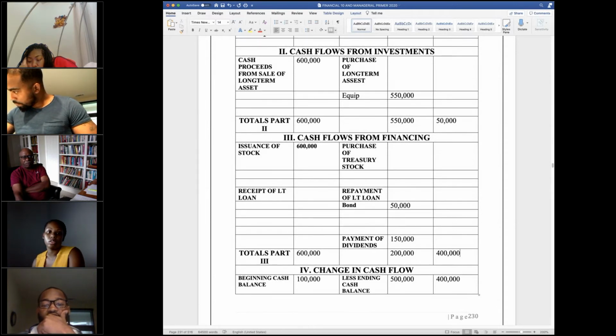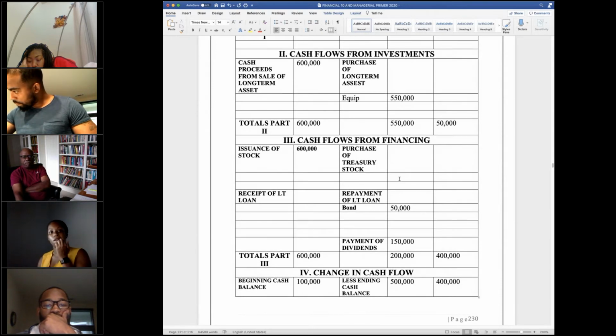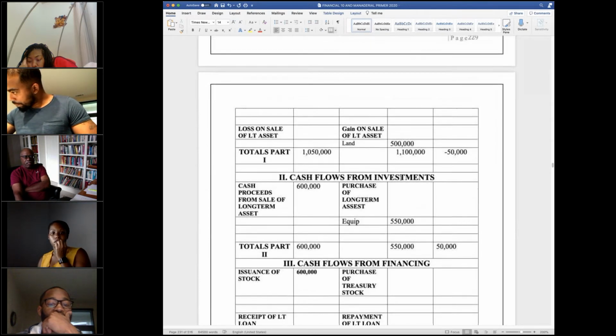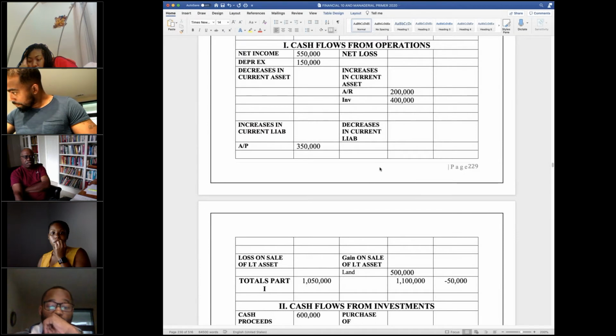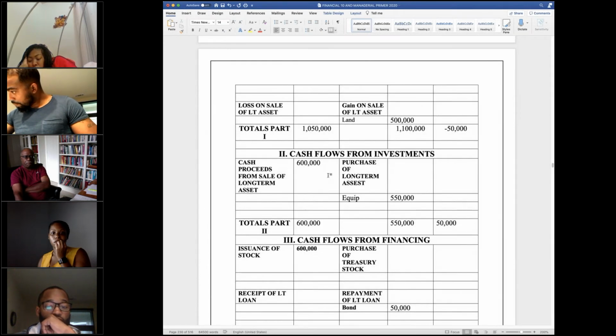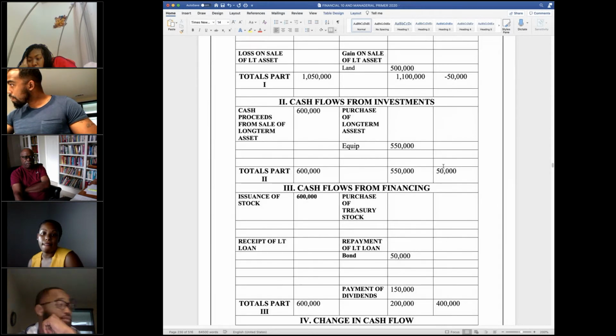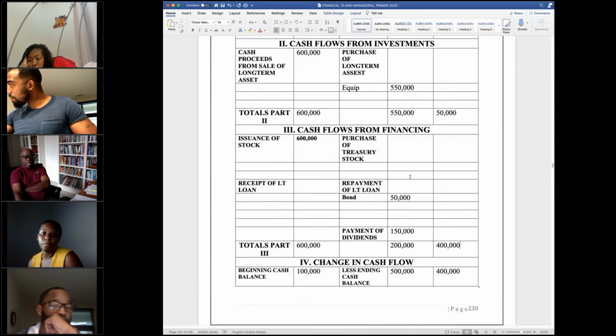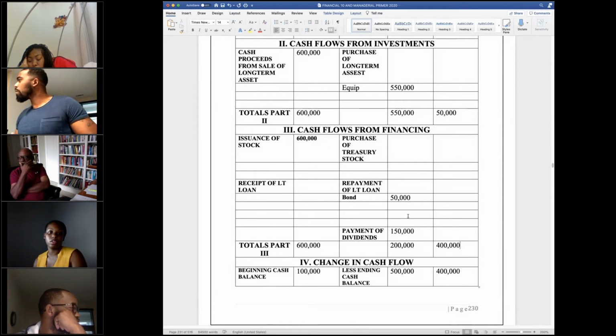So it's telling you what you did with your money. You didn't have much in the way of operations. You sold some land and bought some equipment, so you balance out. The increase in the money came from the fact you put more money in. So that's what you're looking at.